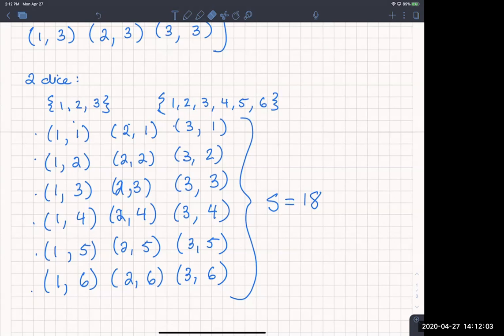Okay, what'd y'all get? What's the probability of me rolling a 7?